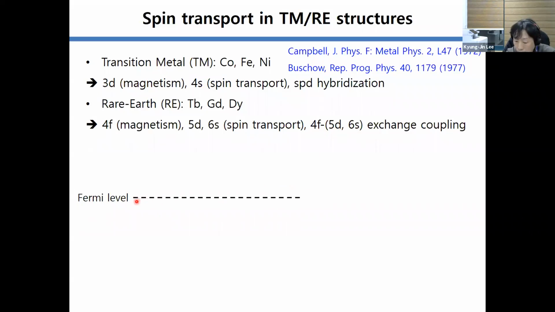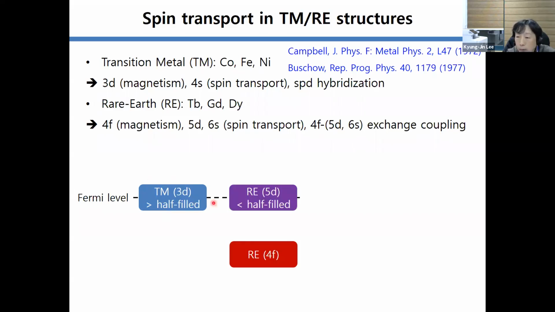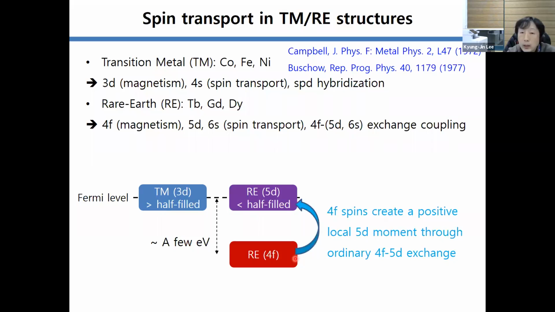So this is the Fermi level. For the TM, transition metal element, the 3d band is located around the Fermi level, and it is above half-filled. In the case of rare earth elements, 4f is here, usually located a few electron volts below the Fermi energy level, but the 5d is at the Fermi energy. So first, there is an intra-atomic ordinary exchange.